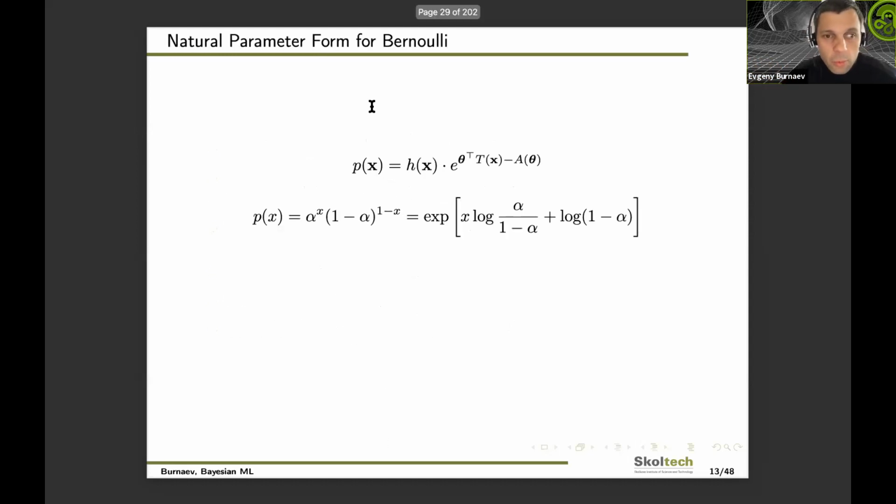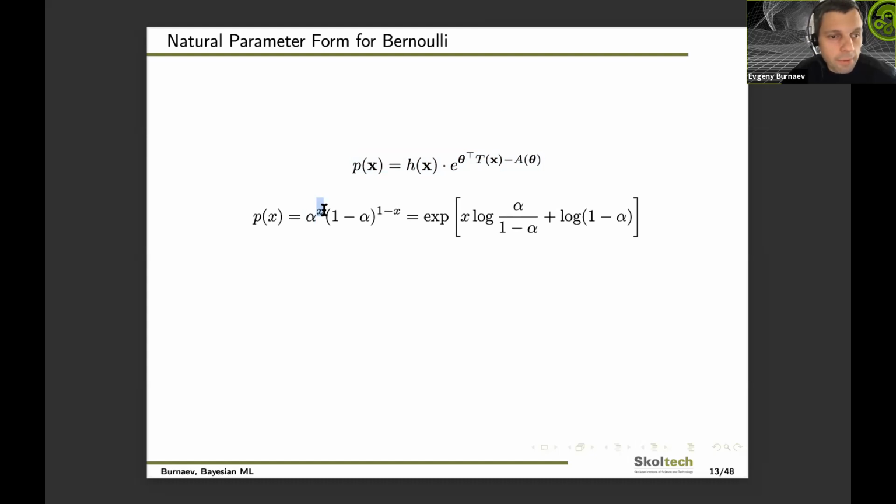And the question is, why is this so important? Before going into detail, let me explain how we can prove the fact I mentioned. So this is the general formula. Let's consider, for example, the so-called Bernoulli distribution. Here, alpha is the probability of success.